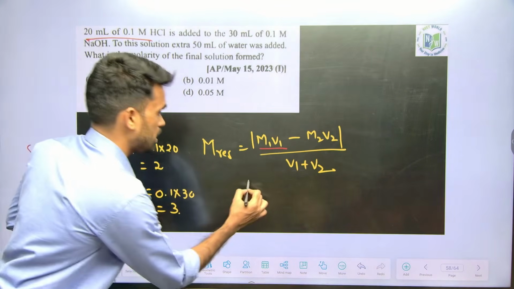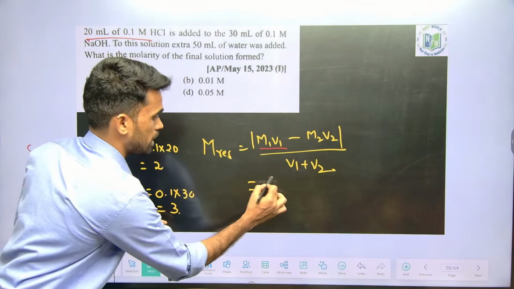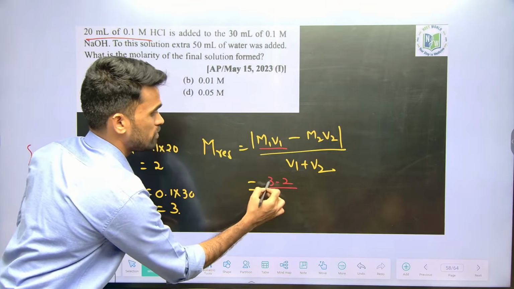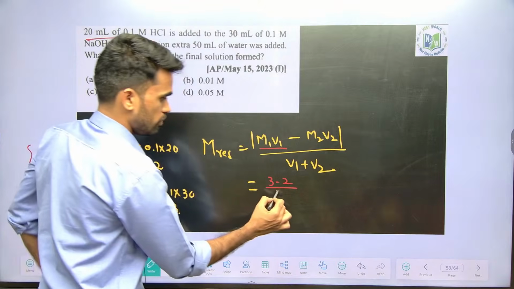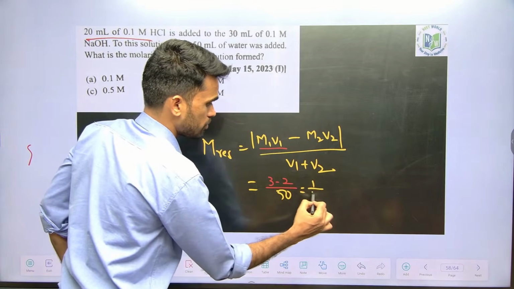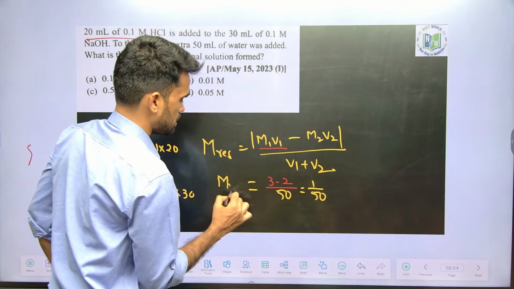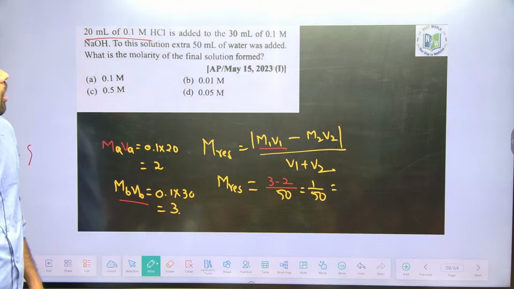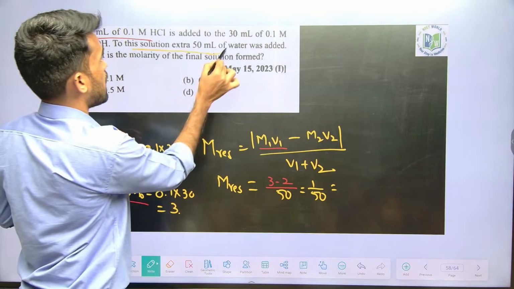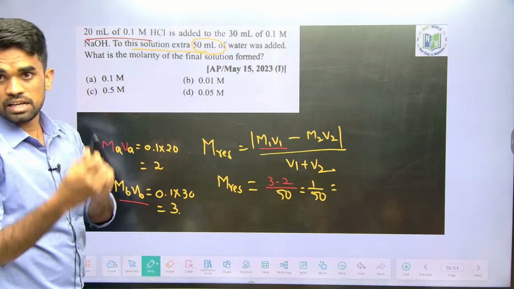Now tell me here which one I should take. So 3 minus 2 by V1 plus V2 is how much? 20 plus 30, and to this extra solution what have they added? Again extra 50 ml is added.